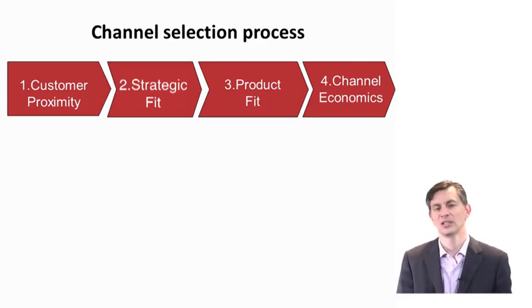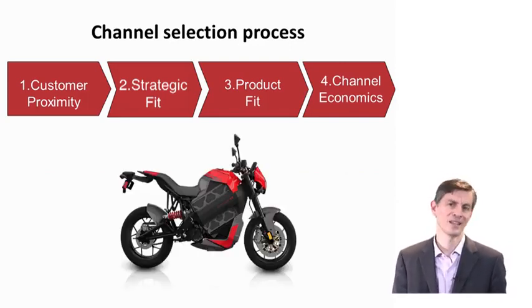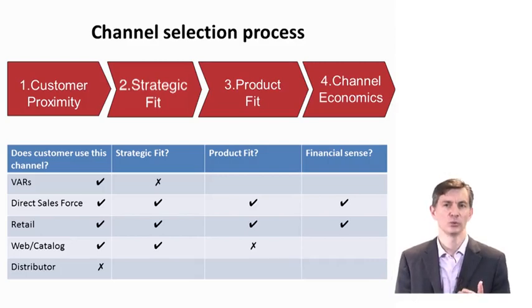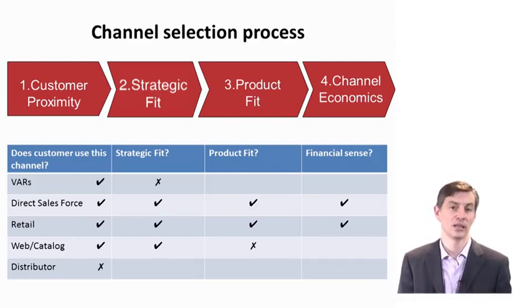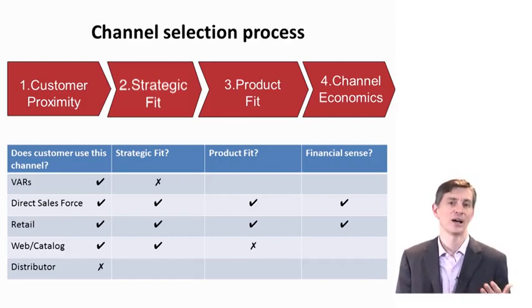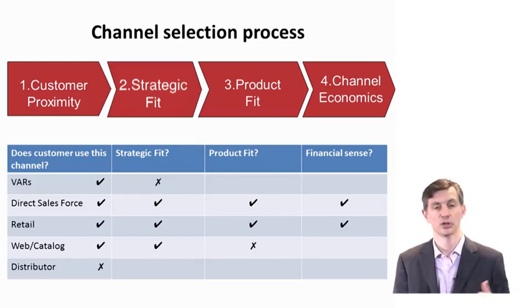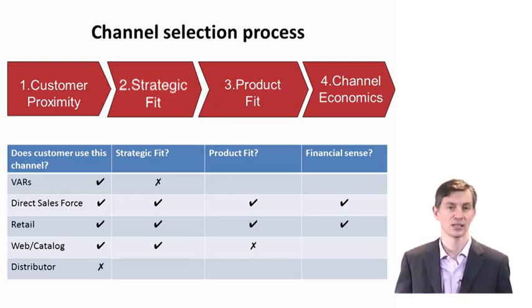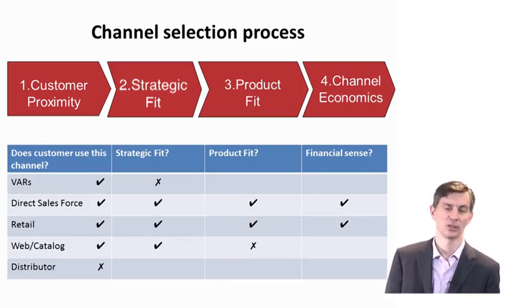So for example, let's take the case of an electric motorcycle, and let's go through this flow process. First of all, we might start with, does the customer already use this channel? For example, let's assume that the 5 possibilities for selling electric motorcycles are value-added resellers, a direct sales force that actually shows up in your house with a van or with a truck, essentially bringing your motorcycle.